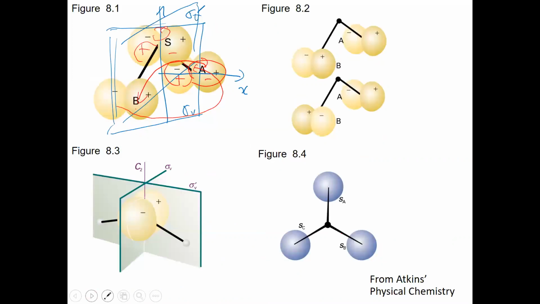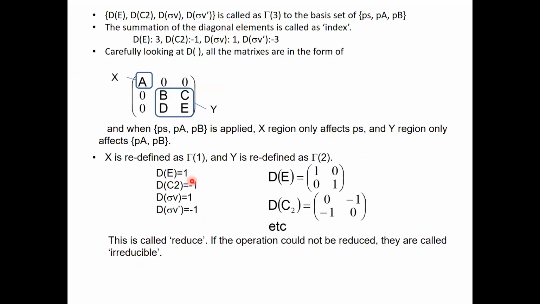And Y is defined as gamma 2, which is the transformation matrix applied for the PA-PV combination. And these matrices are 1, 0, 0, 1, 0, minus 1, 1, 0, or something like that. So you have four 2 by 2 matrices.